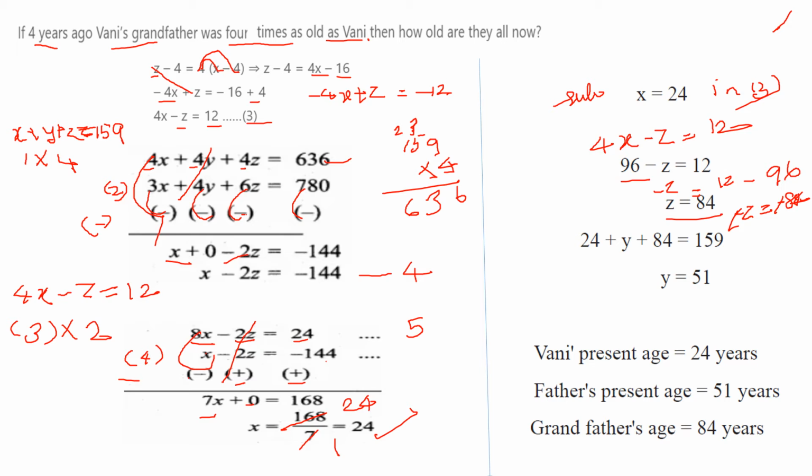So substitute in first equation. X plus Y plus Z equal to 159. So X value 24 plus Y plus Z value is 84 equal to 159. So Y equal to 159 minus, 24 plus 84, that is 4 plus 4, 8, 8 plus 2, 10, 108.